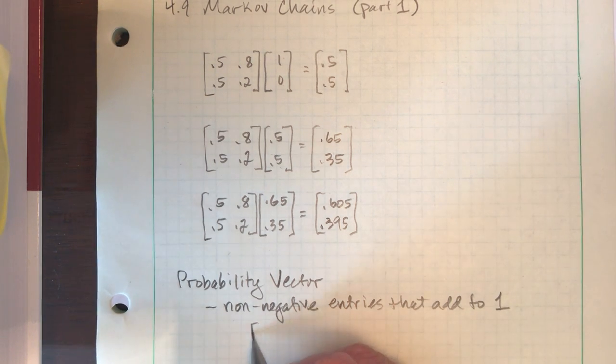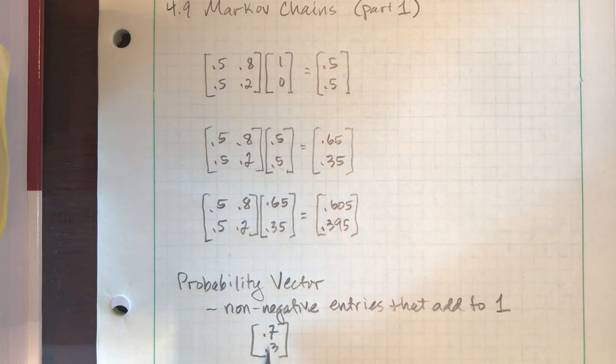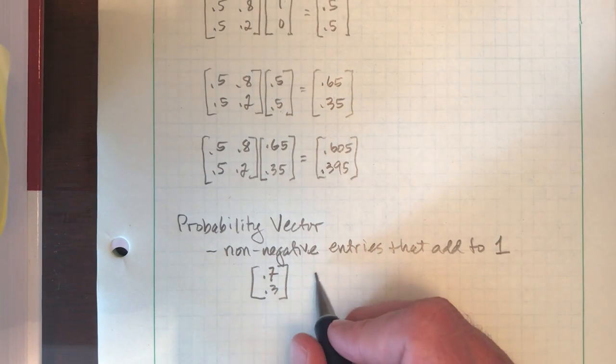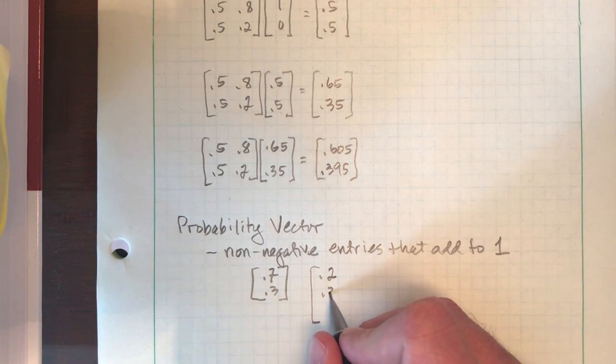So, a couple of examples, 0.7, 0.3. Non-negative, add to 1. You could have more than 2 entries.